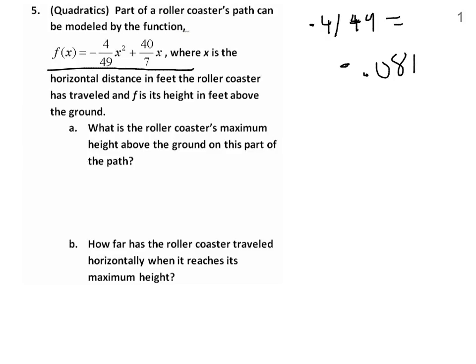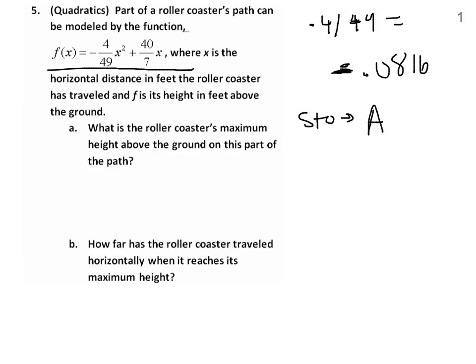Now with all these decimals, you don't want to mess yourself up by rounding too early. So what you should do is store this. Remember the button right above ON is STO, little arrow. We'll store this as alpha A, so that every time you type in A, it knows that it's negative 4/49.